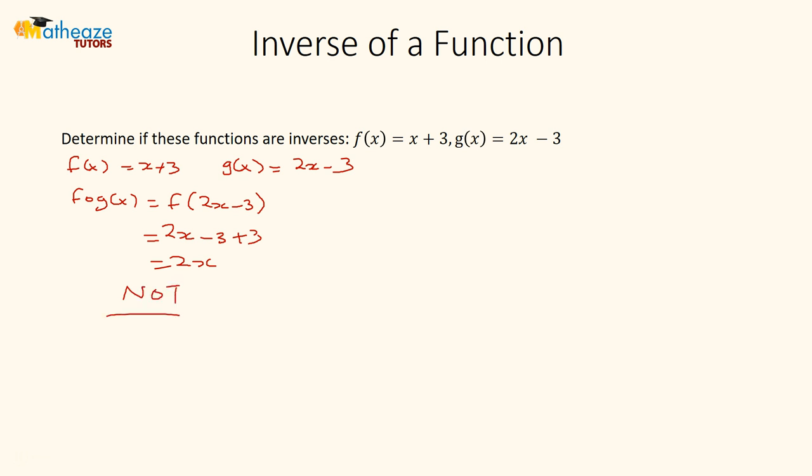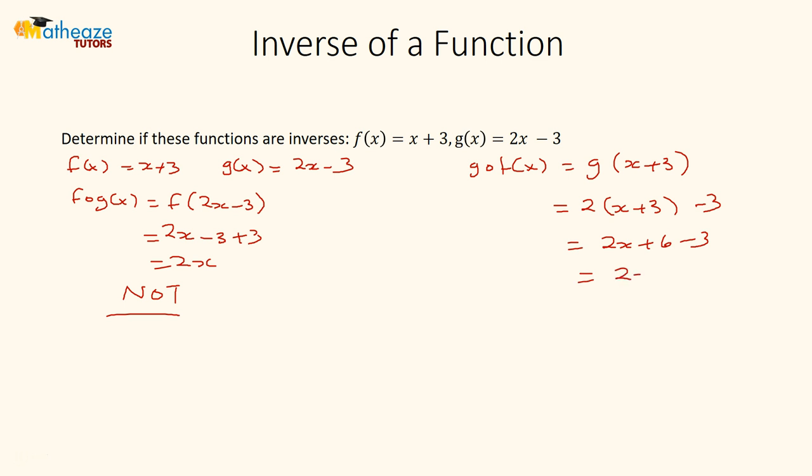Let's try g∘f of x. g∘f of x is g of x plus 3, which is going to be 2 multiplied by x plus 3 minus 3, which is 2x plus 6 minus 3, which is going to be 2x plus 3. So this is proof that these two functions are not inverses of one another.